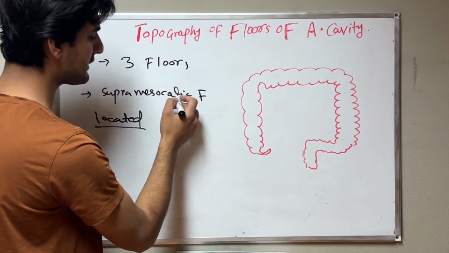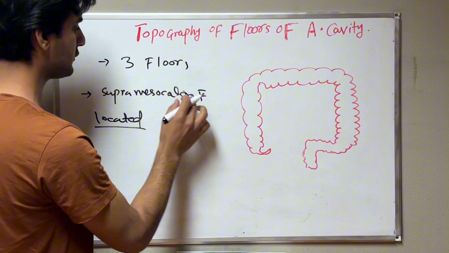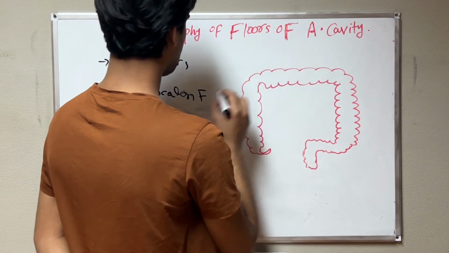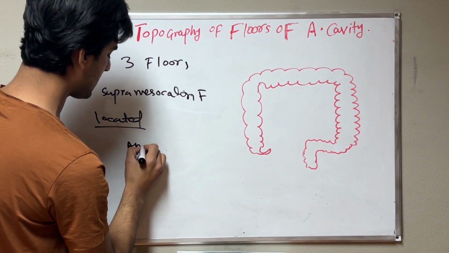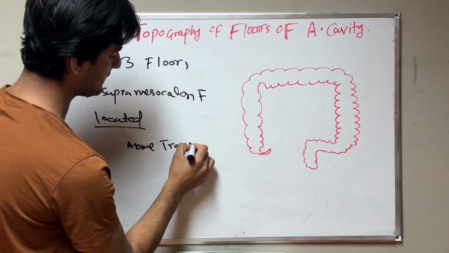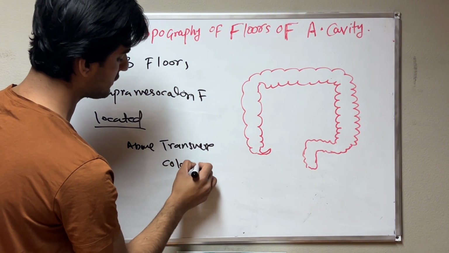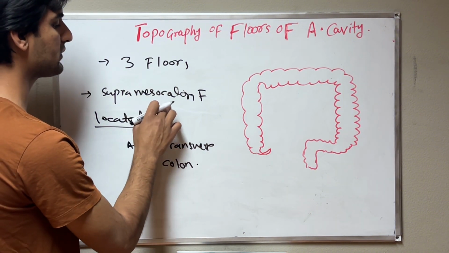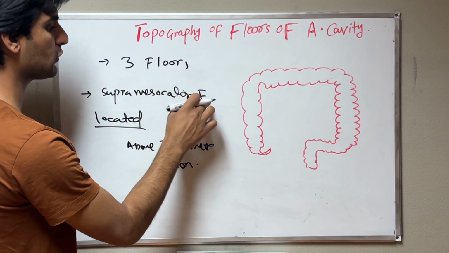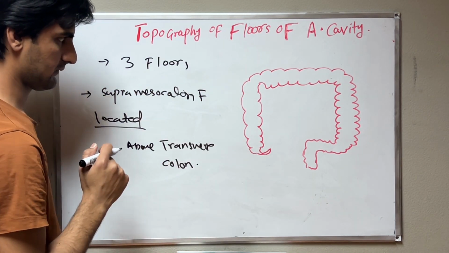I will write mesocolon here. Its location is above the transverse colon, meaning above the transverse colon is the location of the supramesocolic floor.